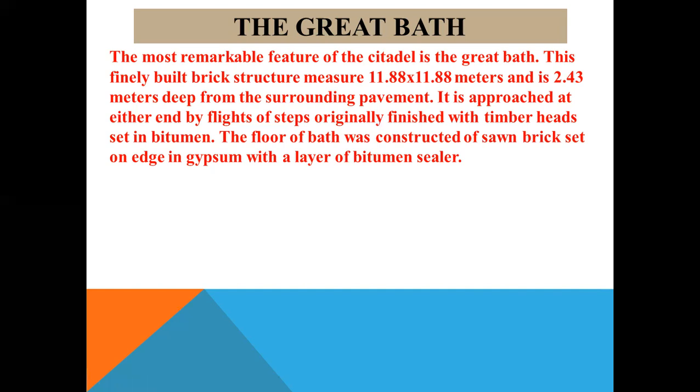When people are constructing a building, they apply a black liquid for waterproofing, and that is known as bitumen. So this bitumen is obtained from the distillation of coal or petroleum, and it is used so that the walls can be waterproofed.